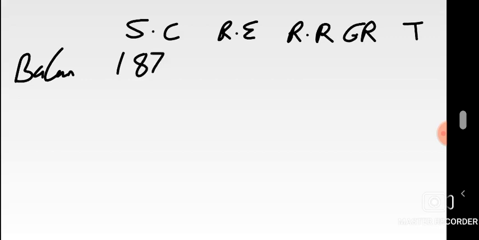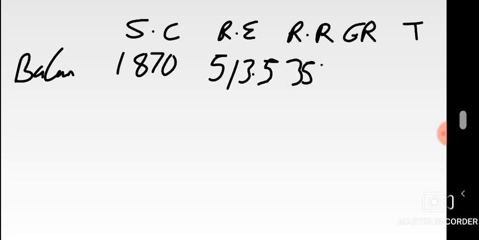Share capital had 1870. I'll just remove the last 3 zeros. And then this other one had 5135. That's the retained earnings. Actually, it was 513,500. Now I'm just removing the last 3 zeros, so this one will be now 513.5. Then revaluation reserve had 350,000. I'll just put 350 as well. General reserve had 100,000.